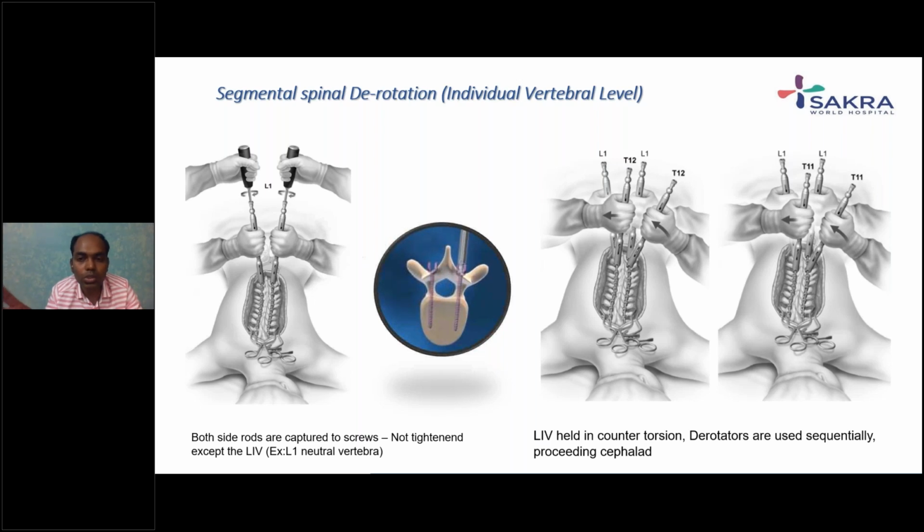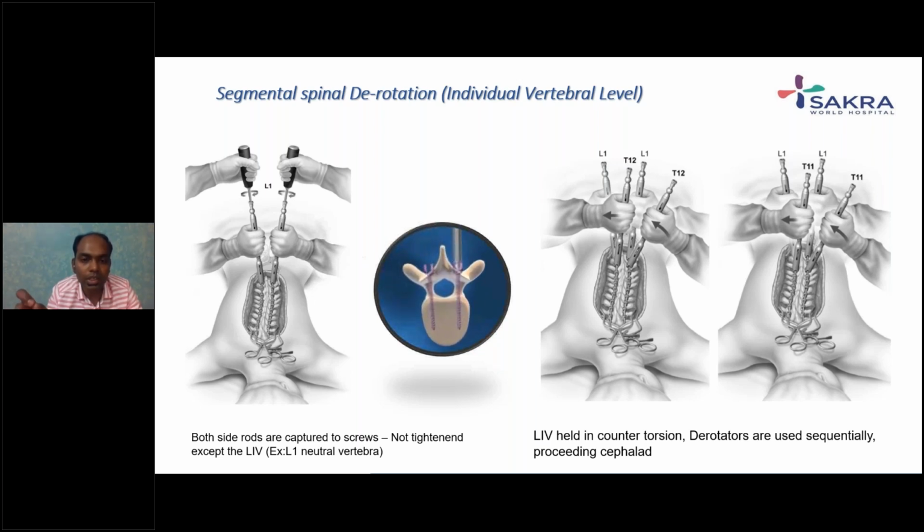Here, both rods are placed as well, and the neutral vertebra, where the vertebra is least rotated, is locked onto the rod, and the next vertebra, which is a rotated vertebra, usually at the apex, is derotated in reference to the neutral vertebra. As you can see, if L1 is the neutral vertebra, it is locked to the rod, and T12, the next vertebra, is derotated.